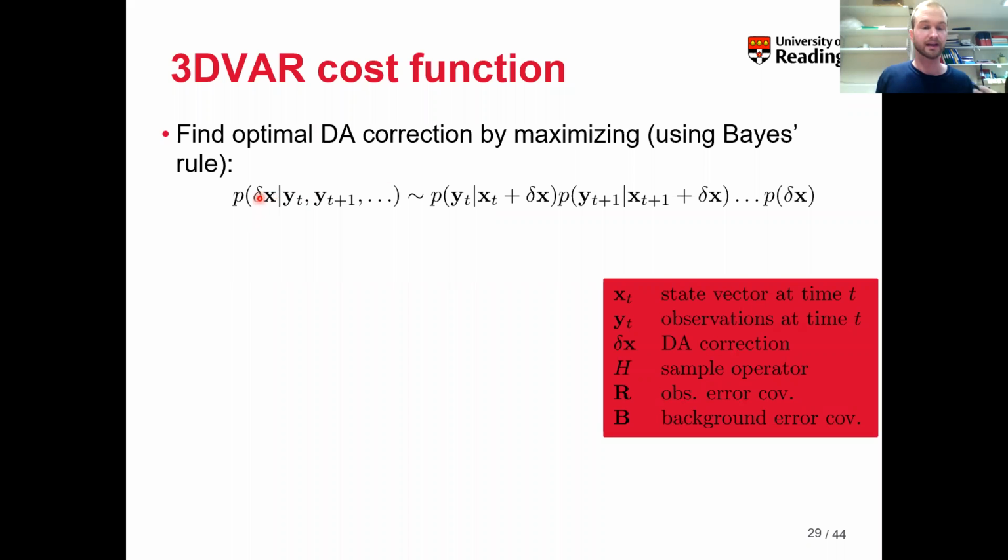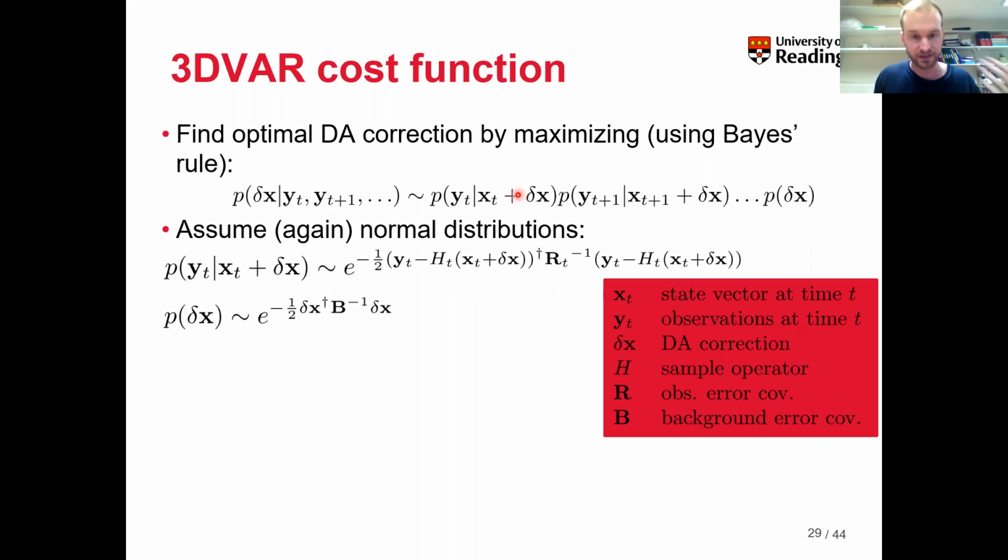So the probability that your correction is optimal given the observations during the analysis window. And once again, we apply Bayes' theorem to swap the order of the conditional. Once again, we assume that the observational errors over here are Gaussian, and that our background probability, this one, is Gaussian as well, with a covariance B.